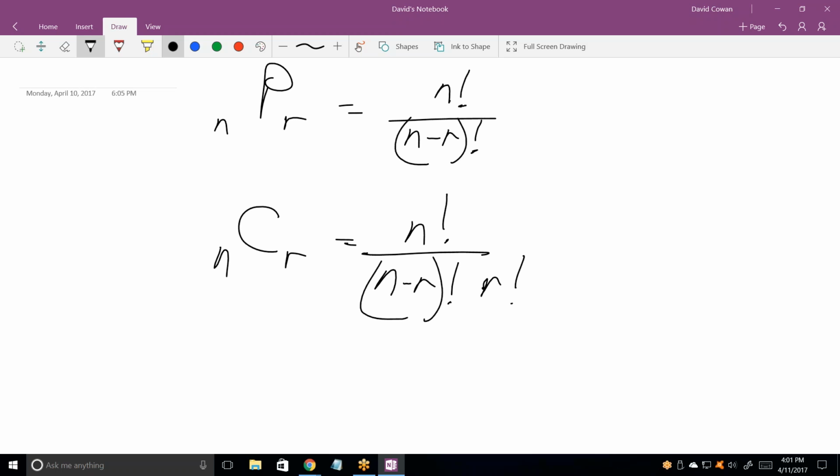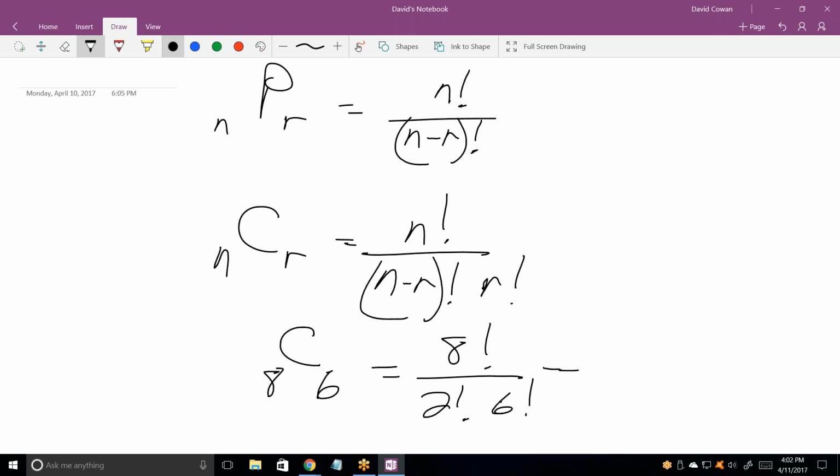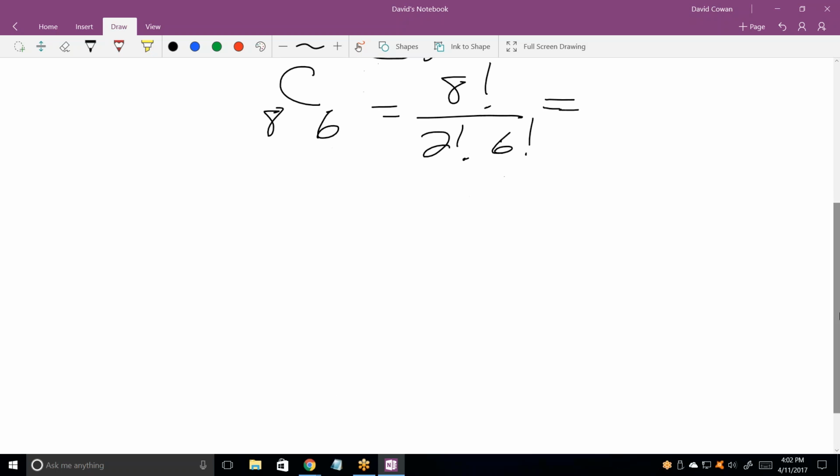An example of this would be 8 choose 6, which equals 8 factorial over 2 factorial times 6 factorial. Now, let's talk about that number. I know you can do this on a calculator, but let's do it without a calculator.